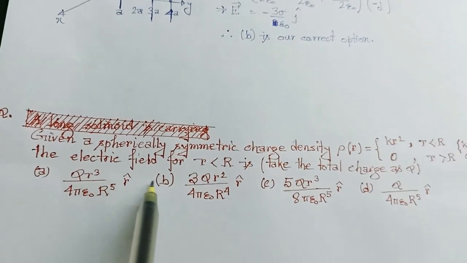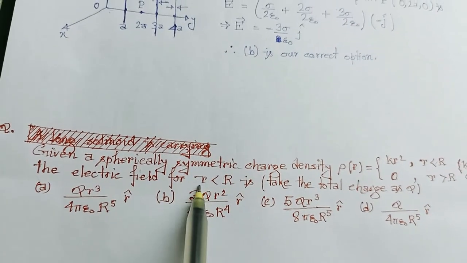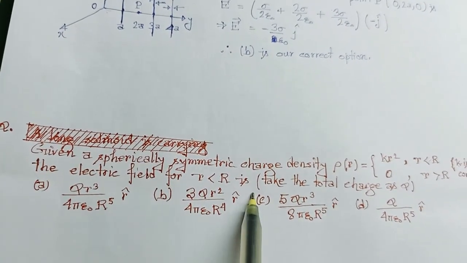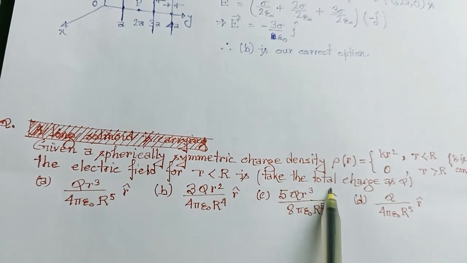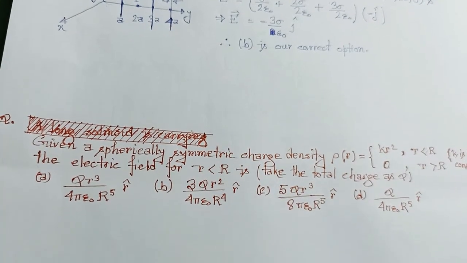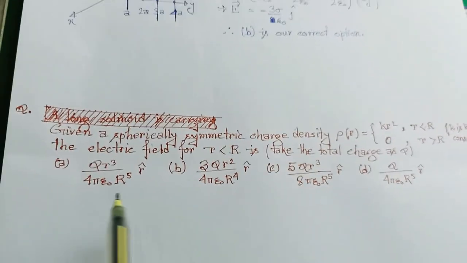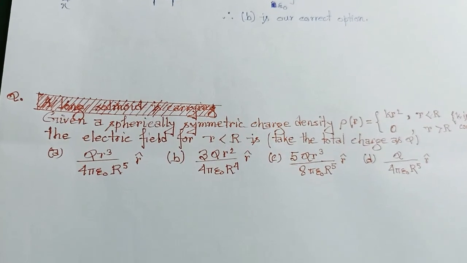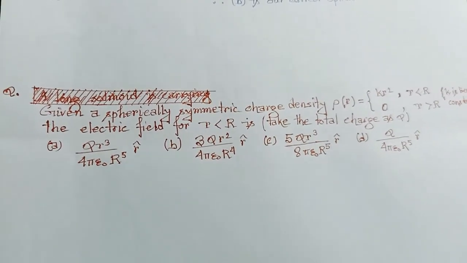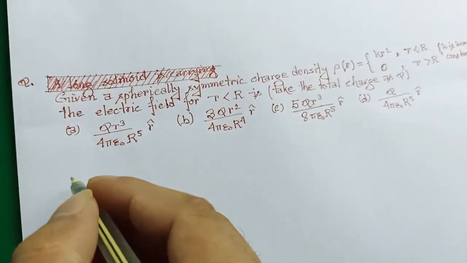The electric field for small r less than capital R, taking the total charge as capital Q, will be which among the four options given here. So first let's solve this question.